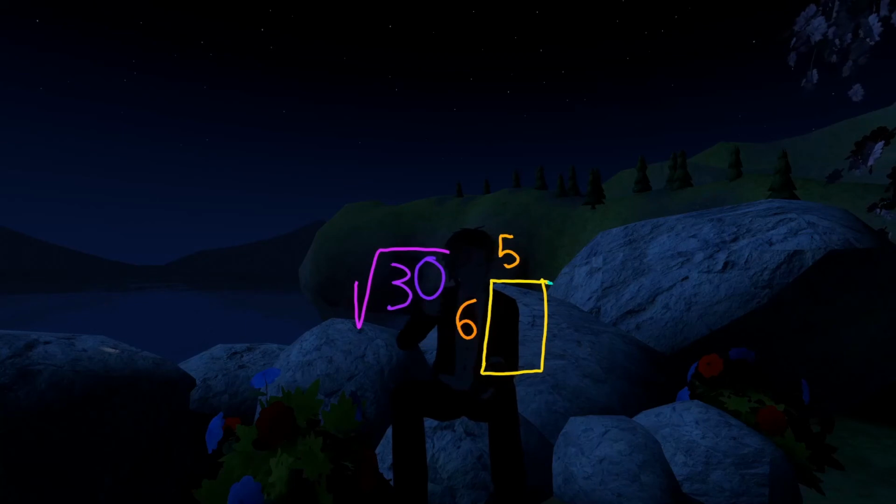So this number would not be a squared number. And this would give you a decimal number. So if you put that into the calculator, you would see that the answer would end up being roughly around 5.5. 30 is not a squared number, and we would just leave our answer as the square root of 30.